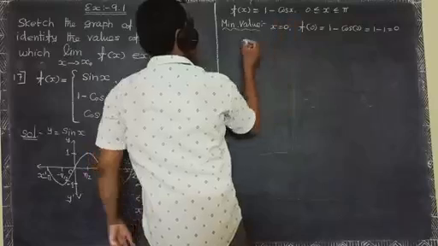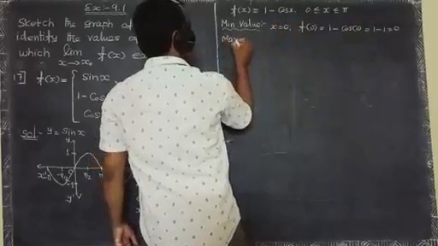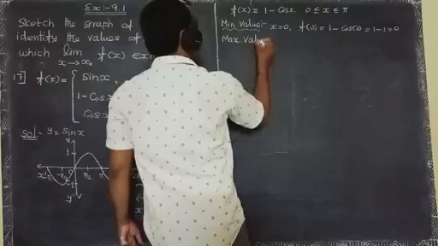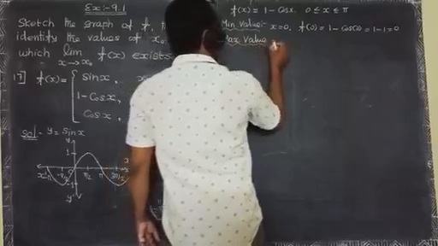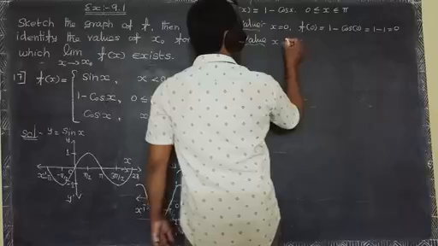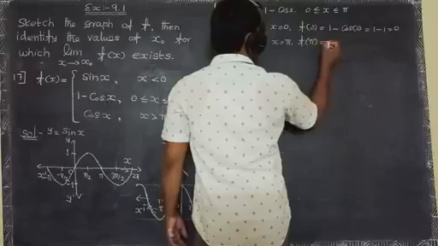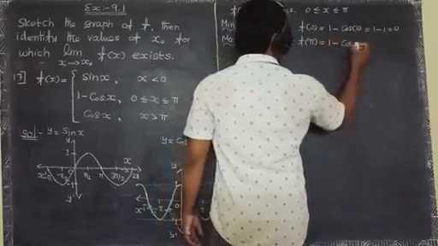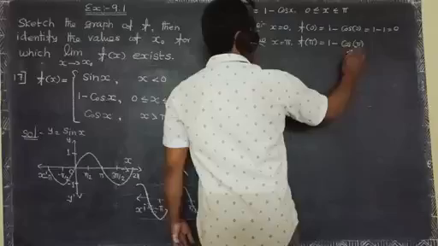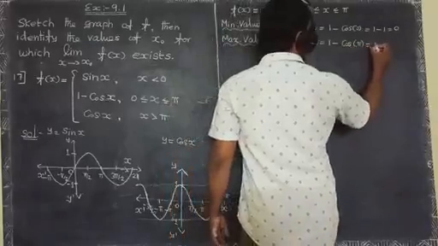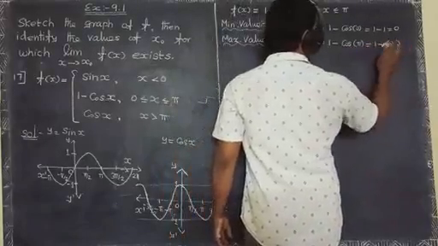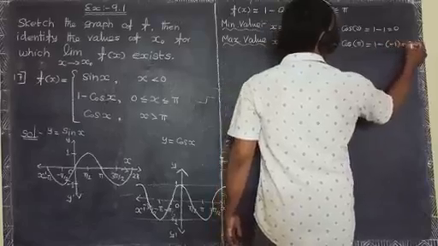To find the maximum value, take x equal to the maximum limit pi. Here f of pi equals 1 minus cos pi. The value of cos pi is minus 1, so 1 minus of minus 1, minus of minus plus, that is 2.